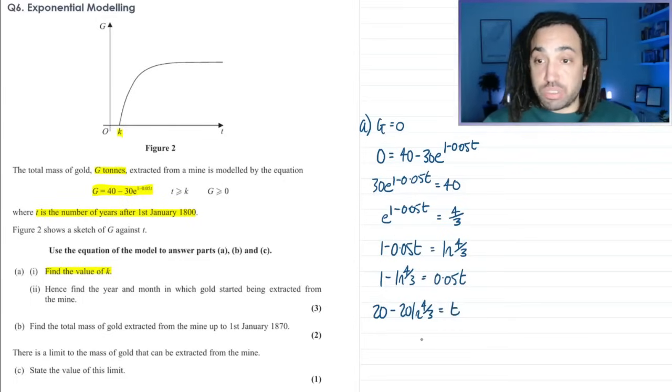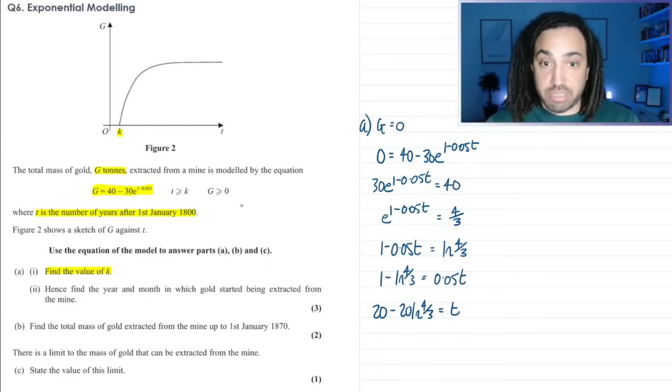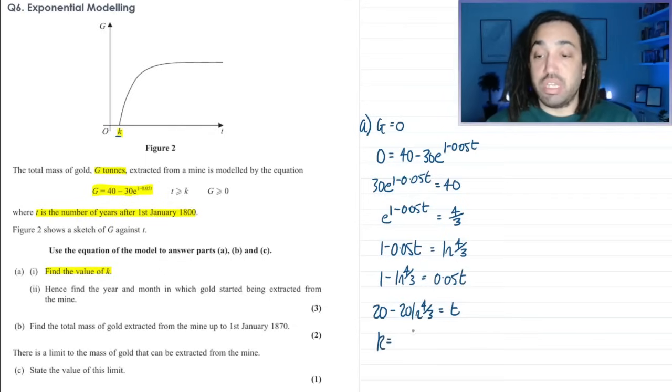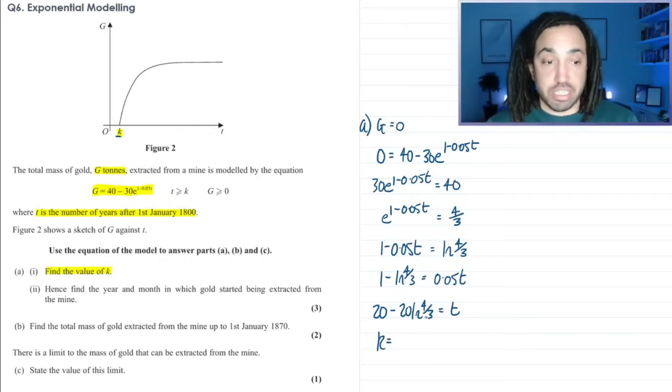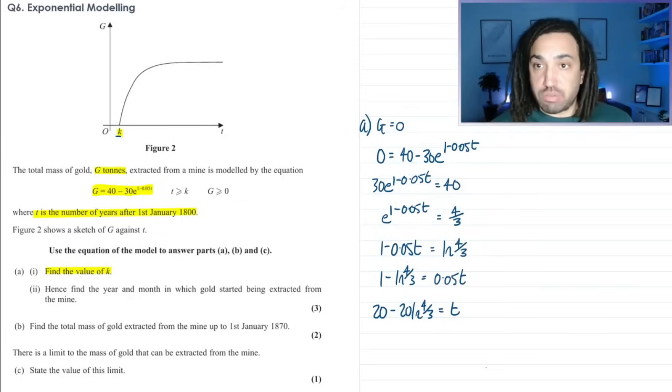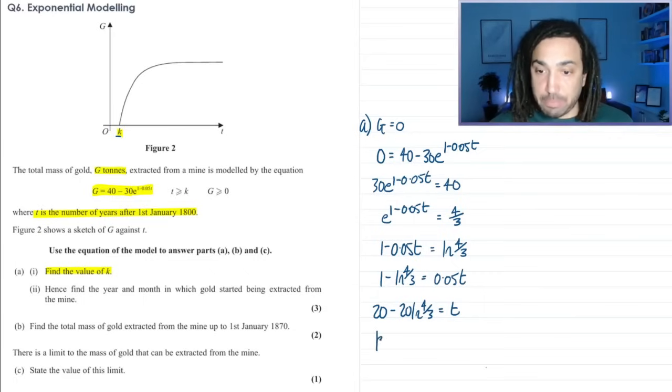And of course, this is t, but this is when g is 0, so when g is 0, t is actually k. So we can finish this off by saying k equals... We can put this into our calculator and we get 14.2 essentially. So I will write here that k is equal to 14.2.